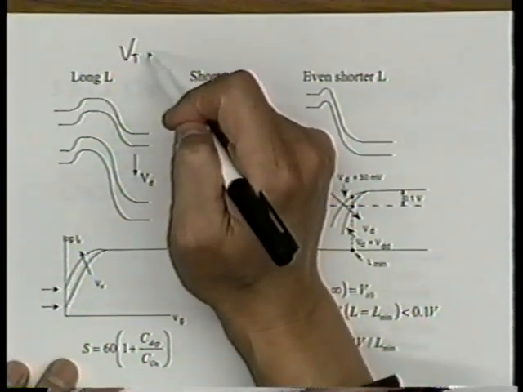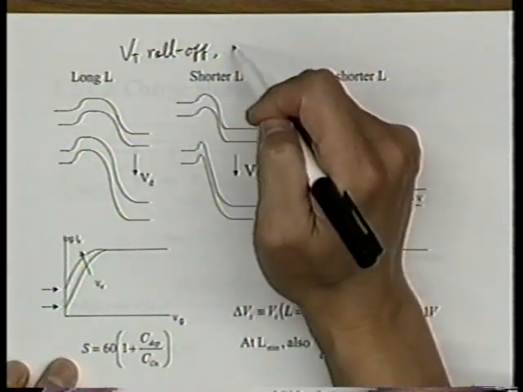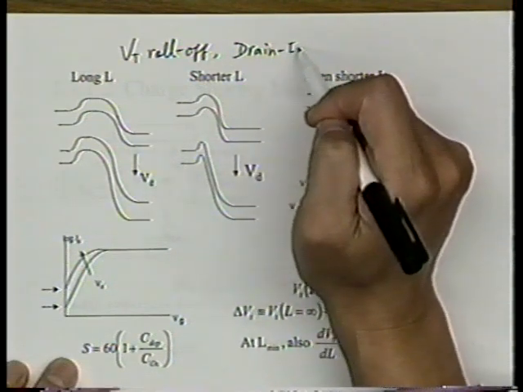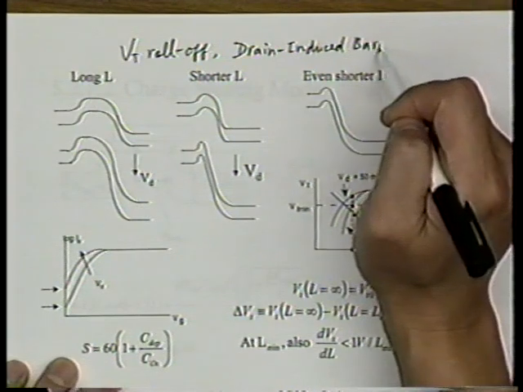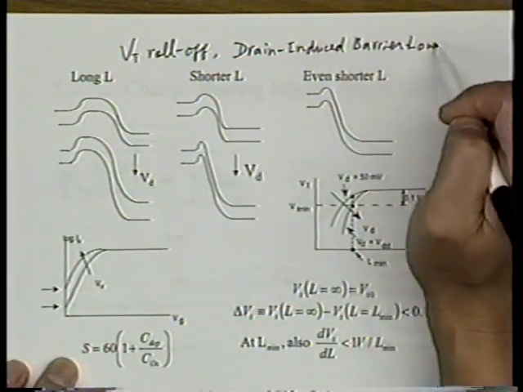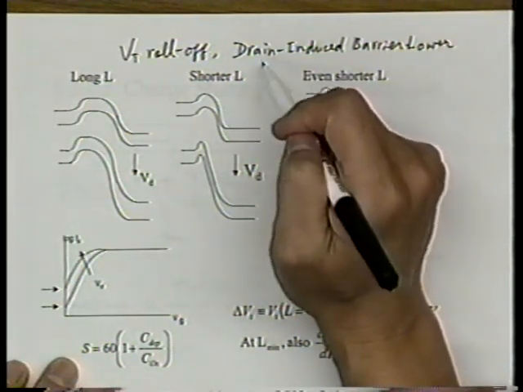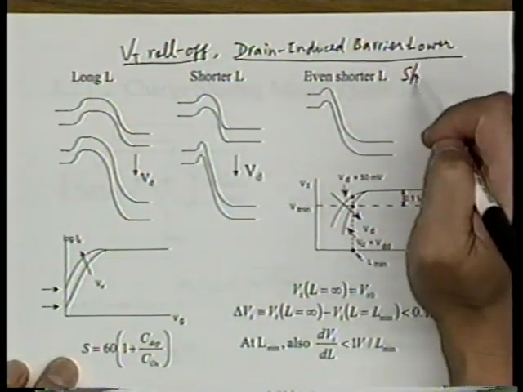We introduced something called VT roll-off, also called drain-induced barrier lowering, or DIBL, drain-induced barrier lowering. Both of these are also called short channel effect, all right? So there are three names that we could be using for this.